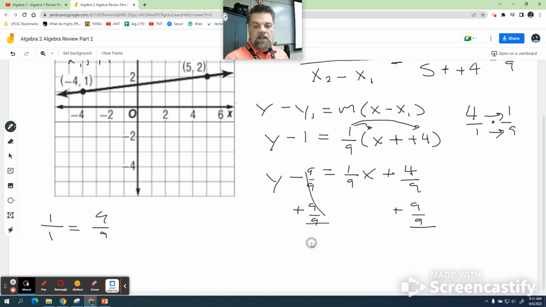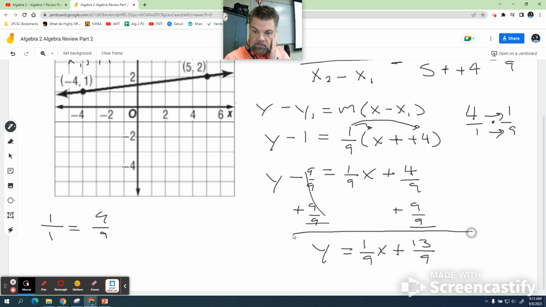These cancel and I get y is equal to 1 over 9 times x, plus, now remember, you just add the numerator, so 4 plus 9 is 13 over 9. Okay? Any questions on that?